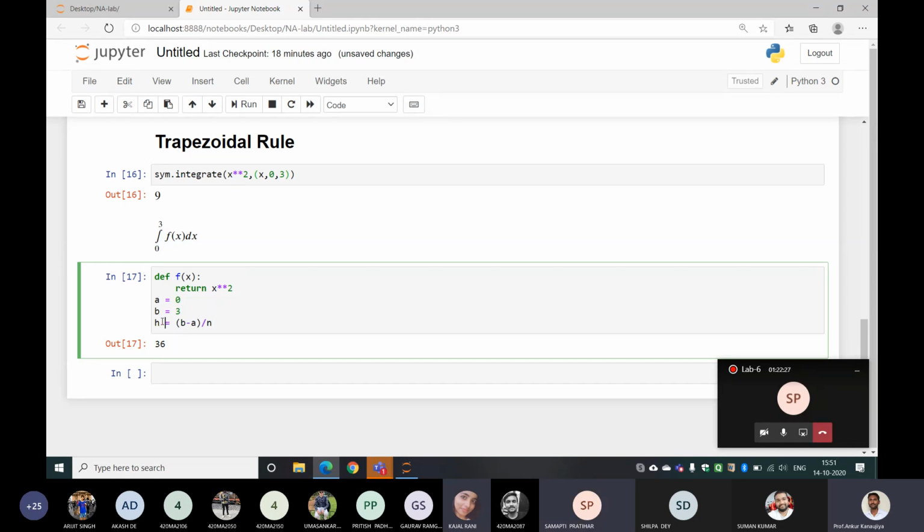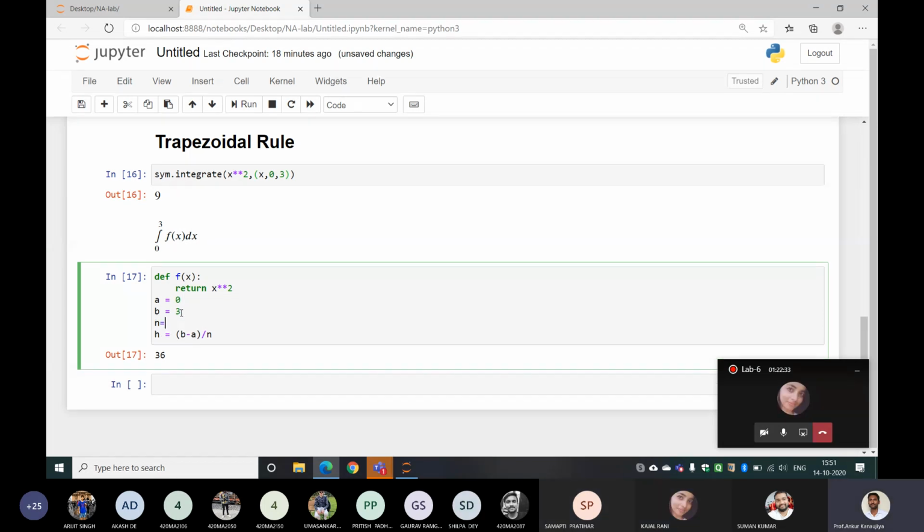N equals 1, the interval. Here it is 1, here it is 1. So I will write n equal to 1. Can n be 5? Yes, n can be 5. So that n I will change later. For the timing I am taking n equal to 1. H equals b minus a by n.